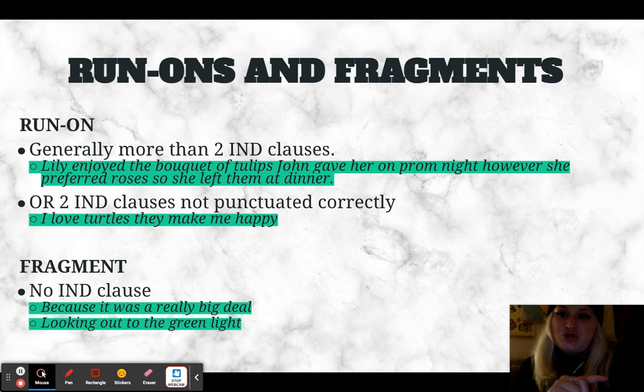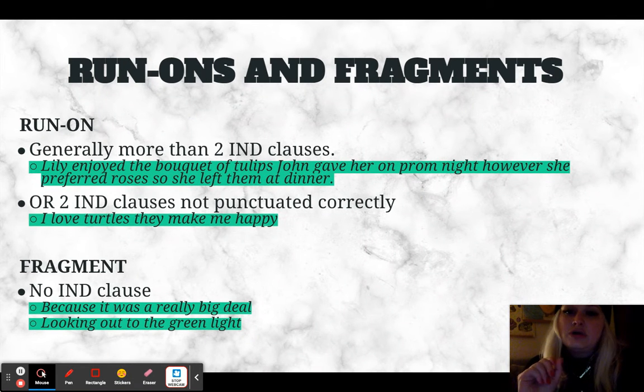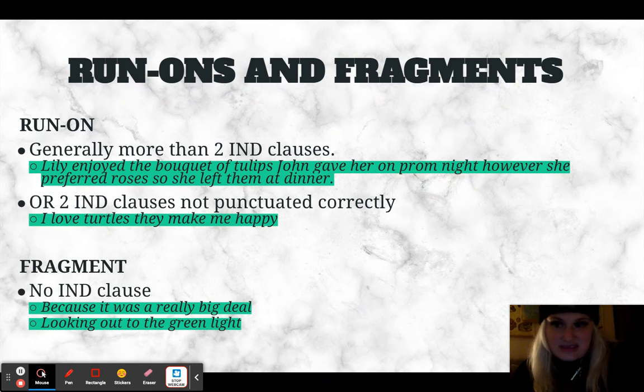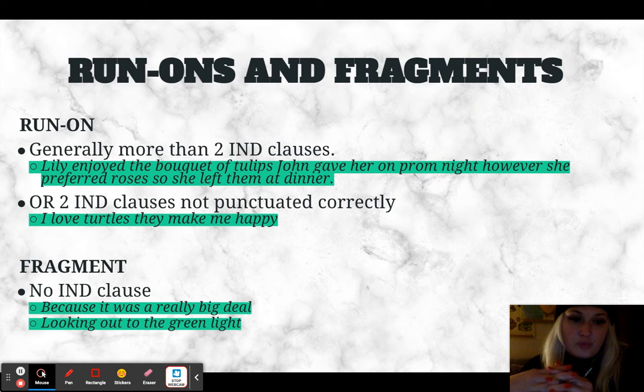However, she preferred, right there is where our subject and verb is again, roses, and then a whole nother one. So she left, subject, verb, them at dinner. We need so much help in that sentence. That's when it's a run-on, when there's two or more independent clauses joined together with no punctuation. Or if it's just not punctuated correctly.